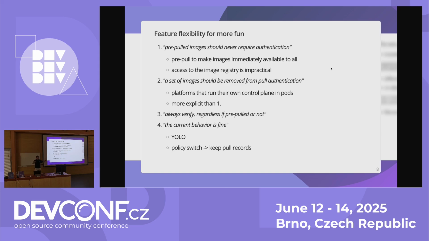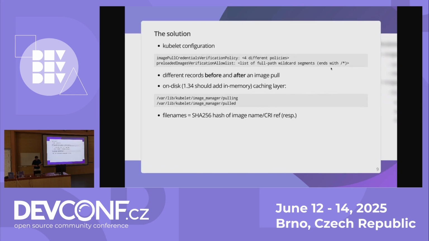And so right now you probably have something in your heads, some way we would sort it out. I have a solution for you, a solution that we came up with, and it may look simple, but it took quite some time. From a higher level, we've got two new fields in the kubelet configuration.